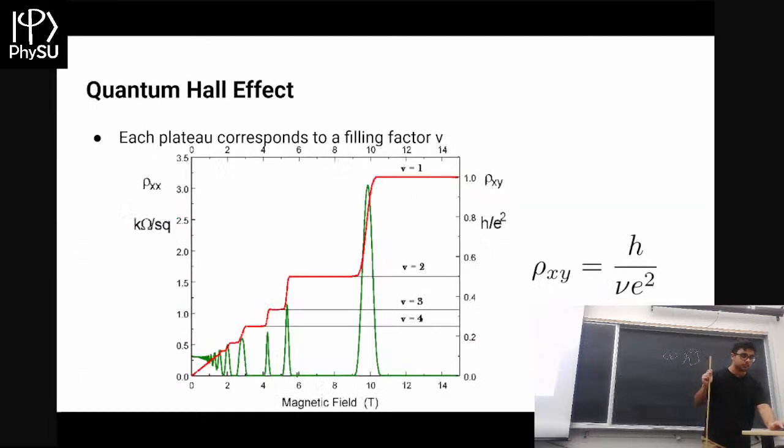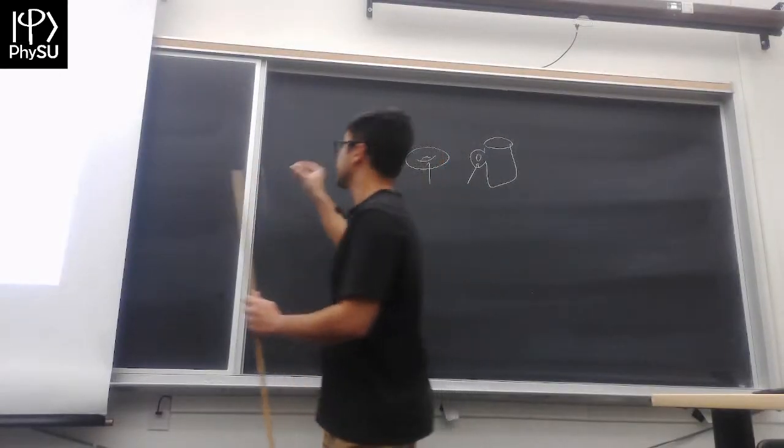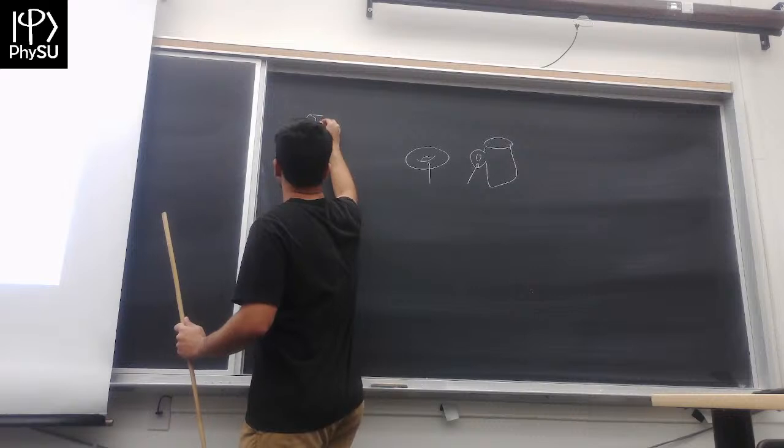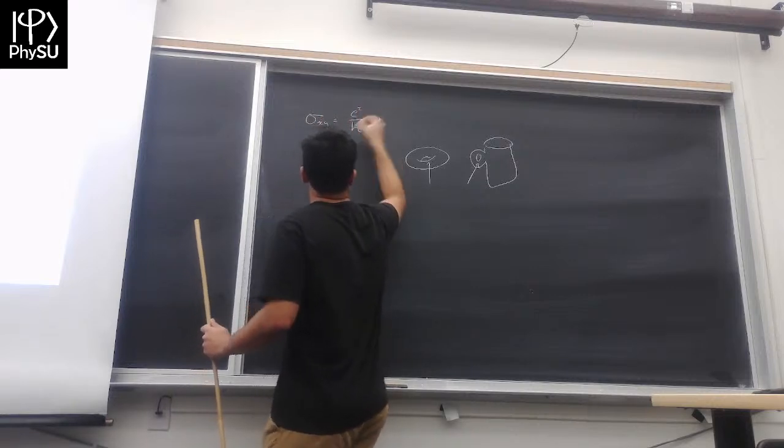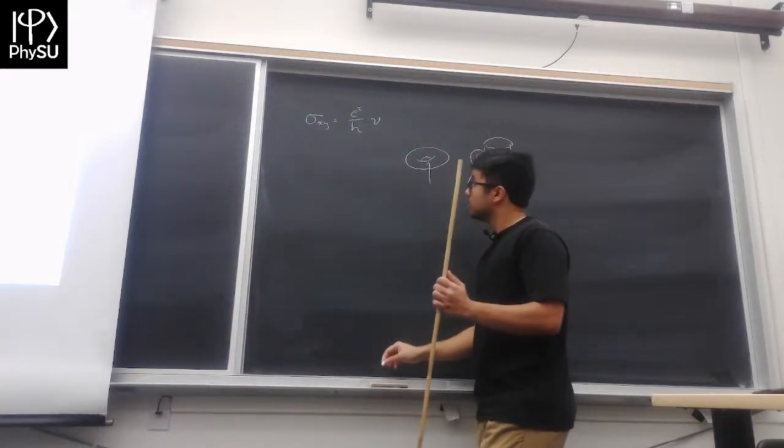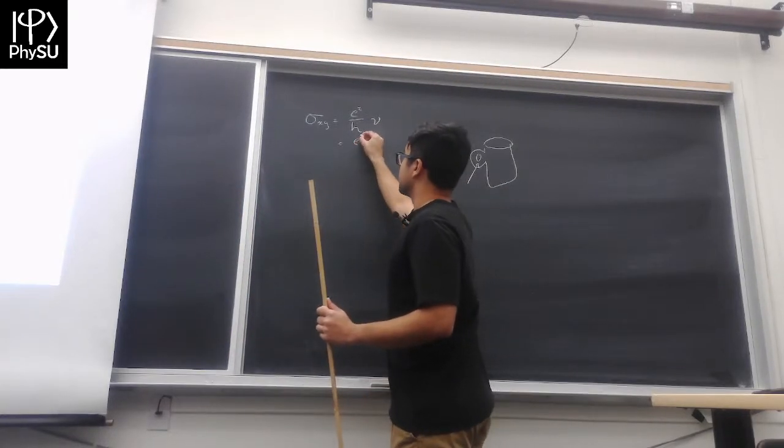You asked about conductivity. This is resistivity. If we were to invert this, we'd have sigma xy equals e squared over h times nu, which is equal to e squared over h.